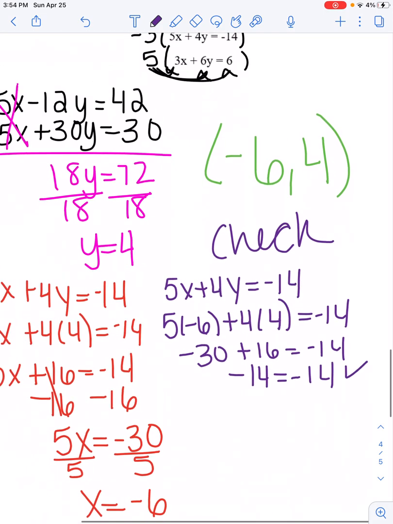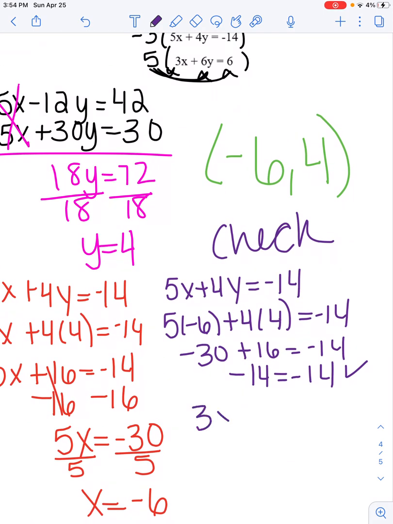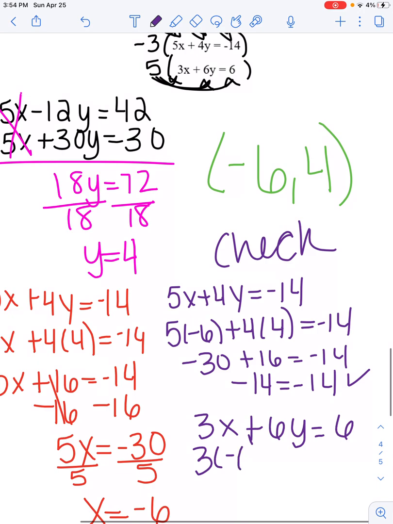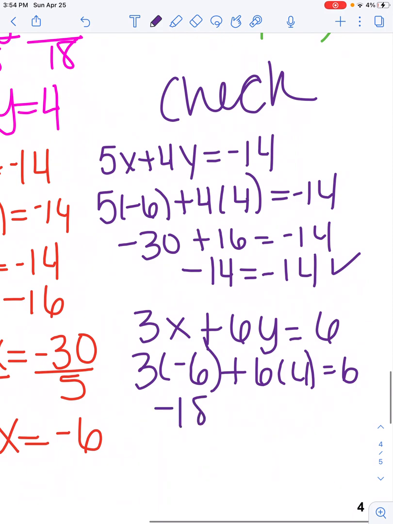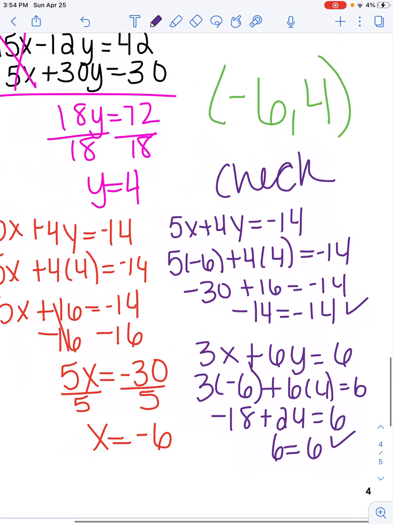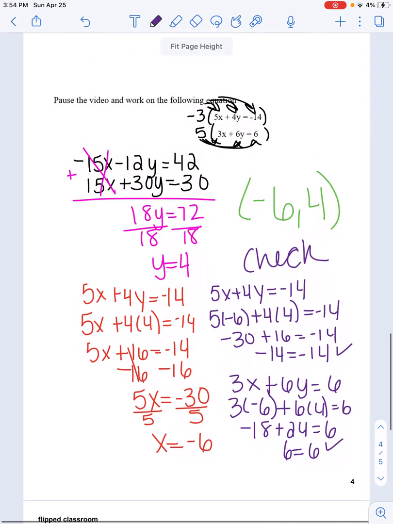That one worked. And let's try the last one. 3 times -6 plus 6 times 4 equals 6. -18 plus 24 equals 6. 6 equals 6. Check. Okay? So this is my answer.